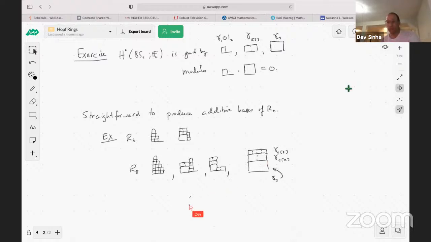So it is straightforward to produce additive bases of Rn. It's also straightforward, after you get used to it, to multiply. And that's just the cup product. The transfer product is basically, not juxtapose, but really place diagrams next to each other.